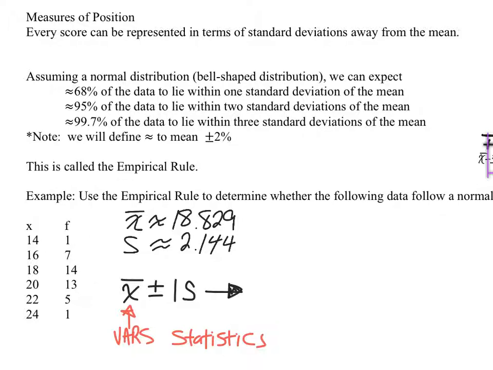All right. So aside from just the one time writing down approximates for X bar and S, I was able to actually work with a full-blown decimal in my calculator and not sacrifice accuracy. So I'm looking at an interval of about 16.686 to 20.973.